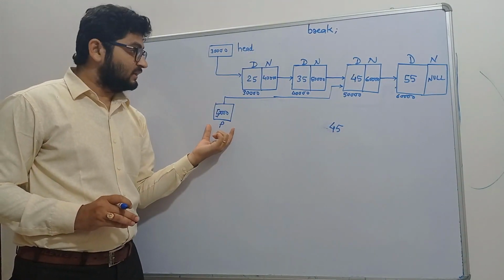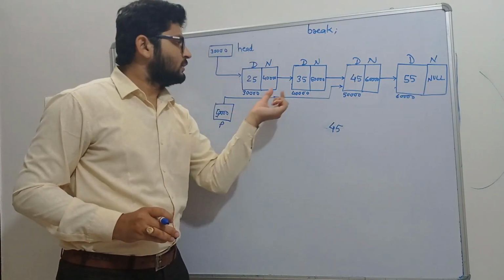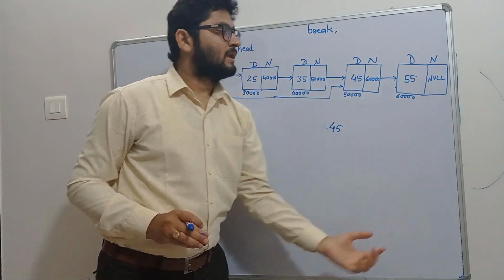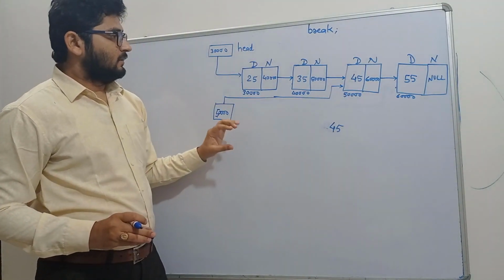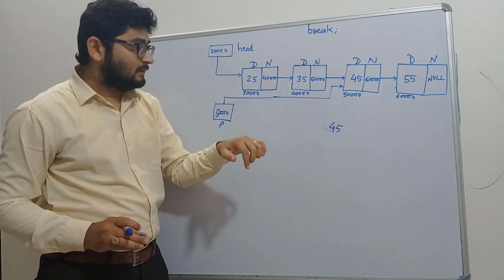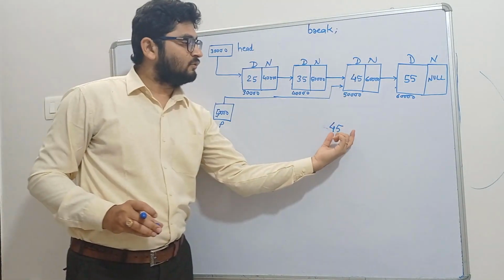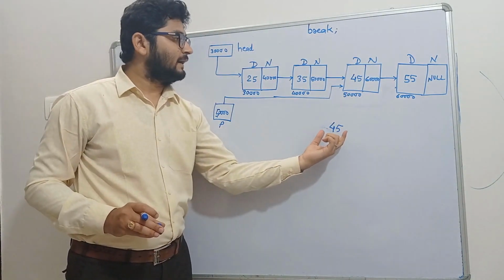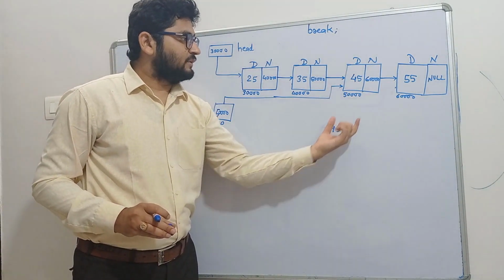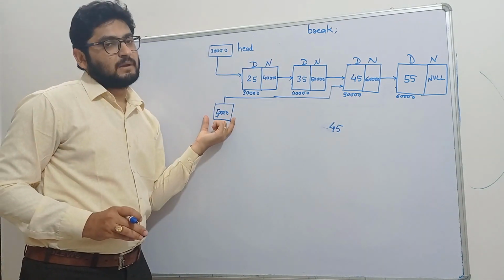P will reach null only when all the nodes are visited and the value is not found. So here the value we are looking for is 45, and this 45 is found. That's why P has not become null.